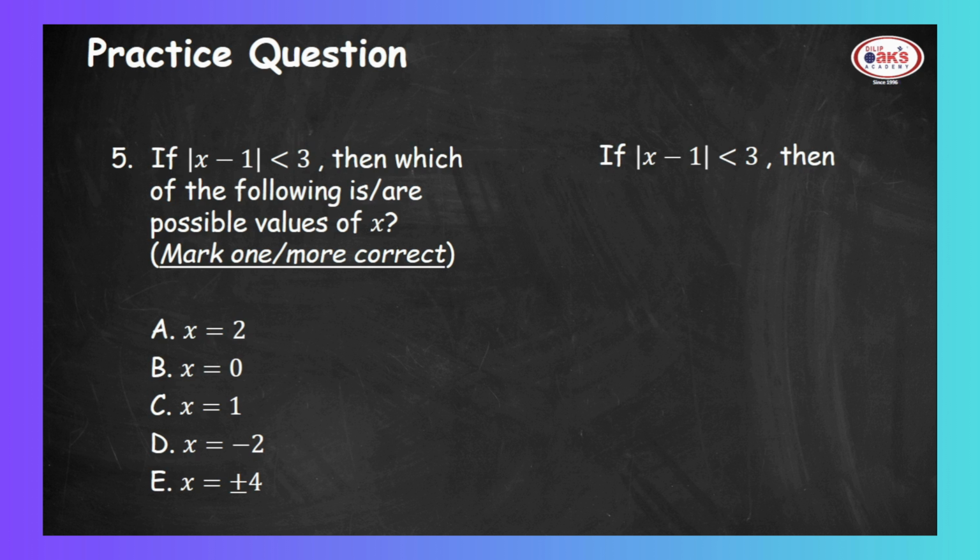So if mod of x minus 1 is less than 3, then we can conclude that x minus 1 can range between -3 and +3. Now adding 1 to each of the terms given here, it gives us that x lies between -2 and +4.